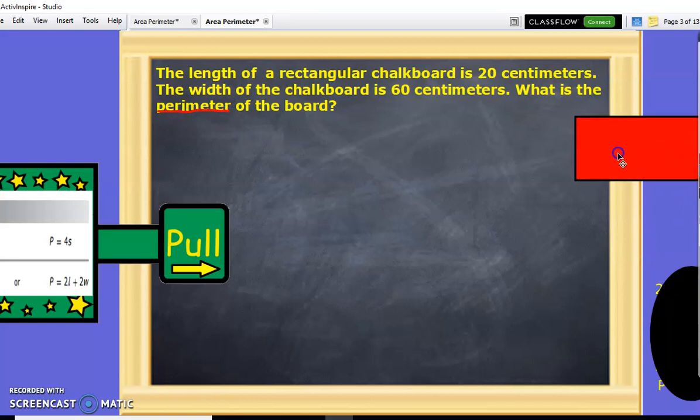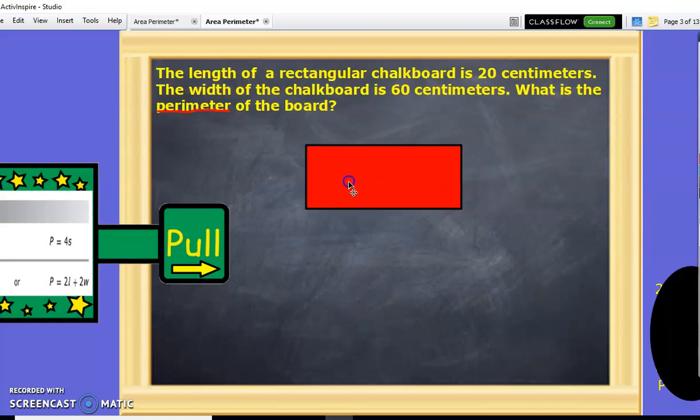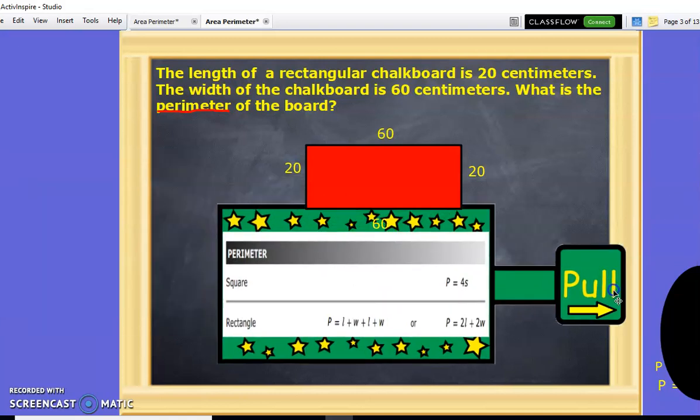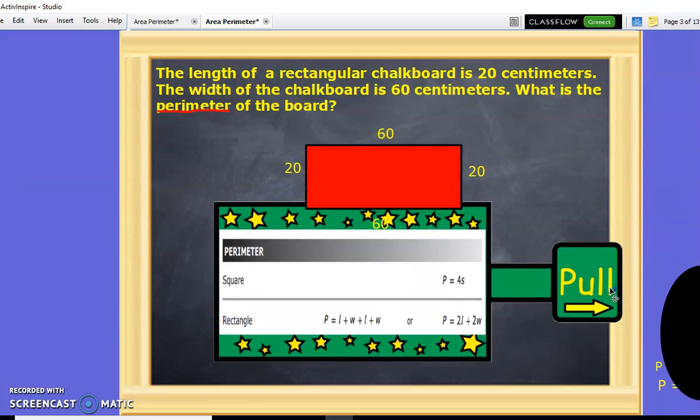Next, we're going to draw our figure and label the known parts, our sides. Next, we're going to look at our formula chart to figure out which formula we're going to use.